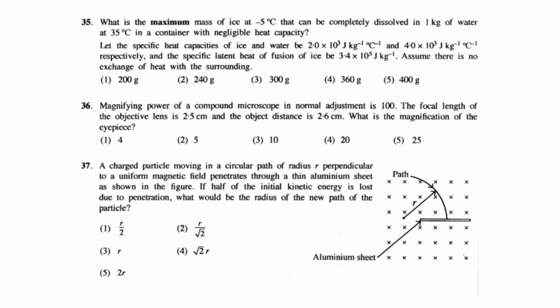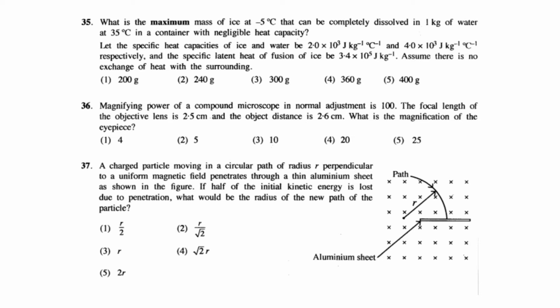This question is about a compound microscope in the normal adjustment. They are asking for the magnification of the eyepiece. The equation for magnifying power of a compound microscope, capital M, equal MO times ME. MO is the linear magnification of the objective lens.